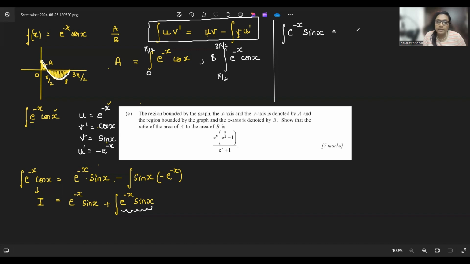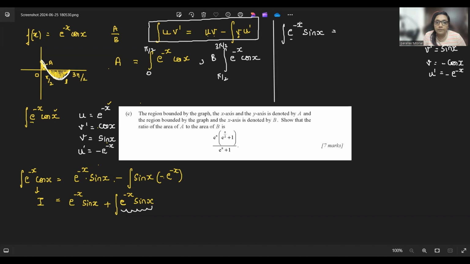Again, this time what will be the u, v, u dash, and v dash? Let's write that down again. So our u will be e to the power minus x. This is our u. Our v dash will be sine x. Our v, therefore, will be minus cos x, and u dash will be minus e to the power minus x. Let's put these down into the formula.